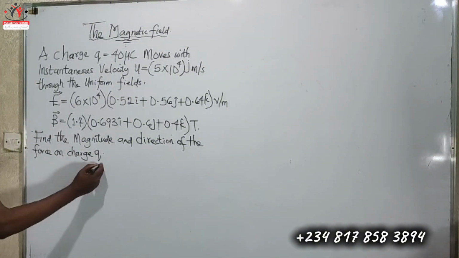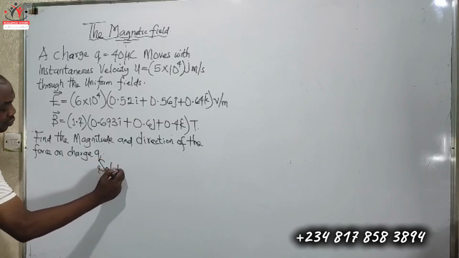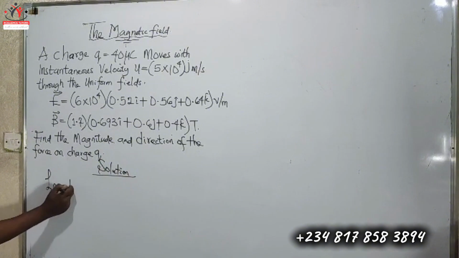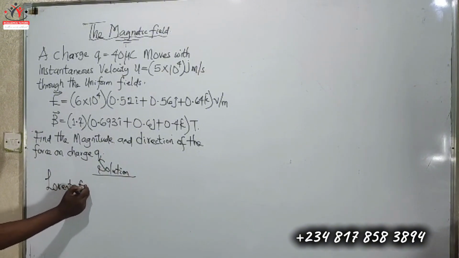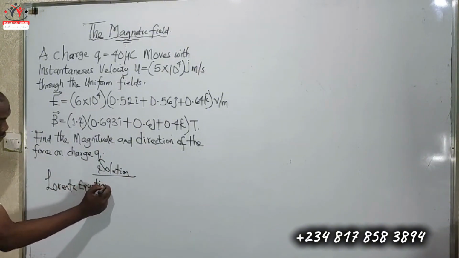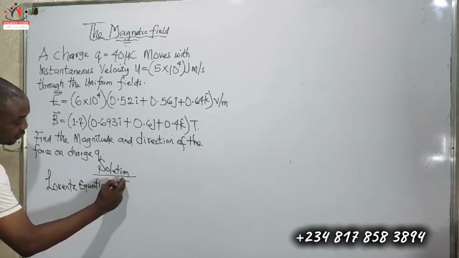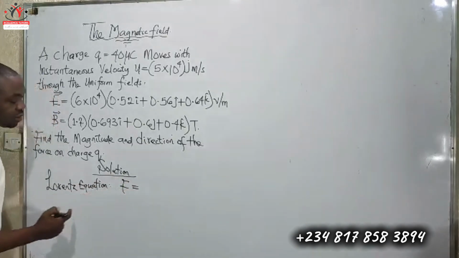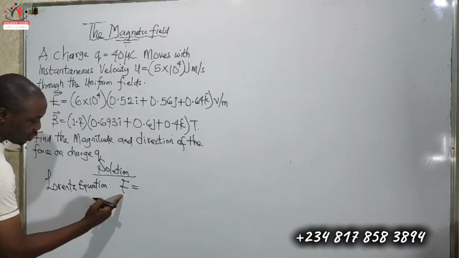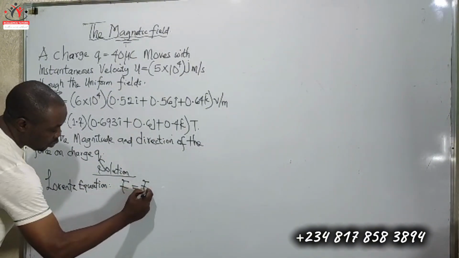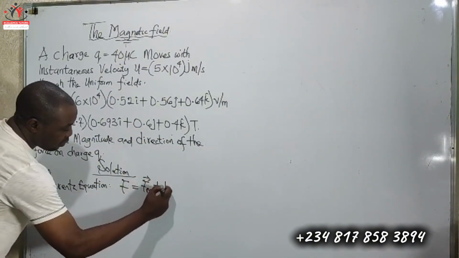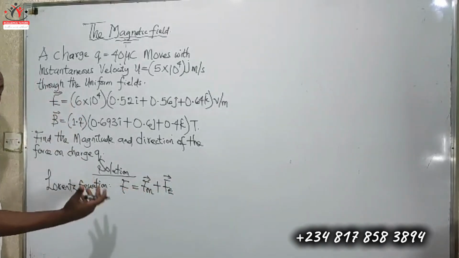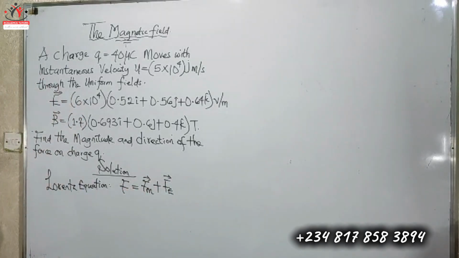So now let's use the Lorentz equation. According to the Lorentz equation, the resultant force will be equal to the magnetic force plus the electric force, or electric force plus the magnetic force.